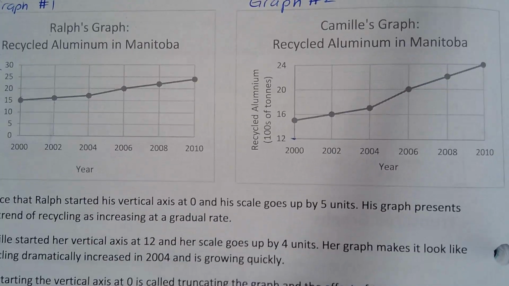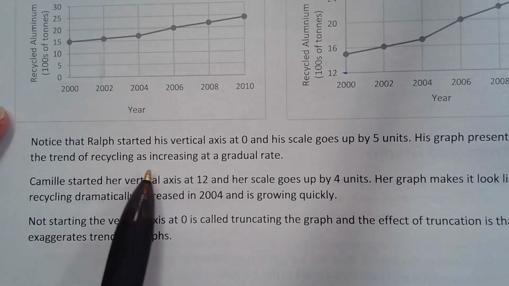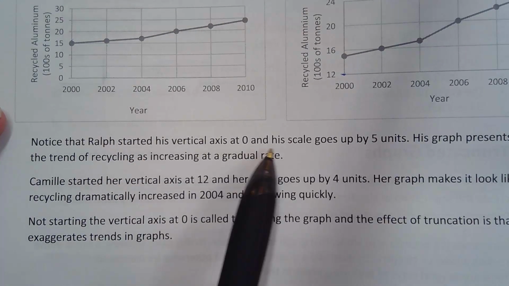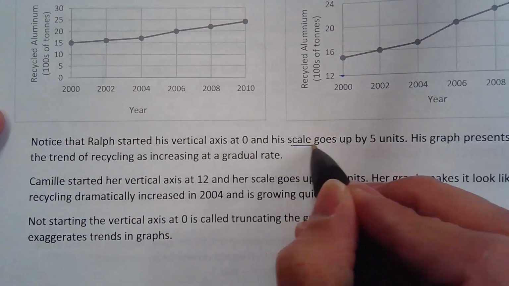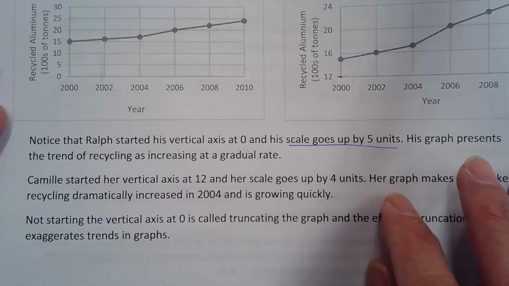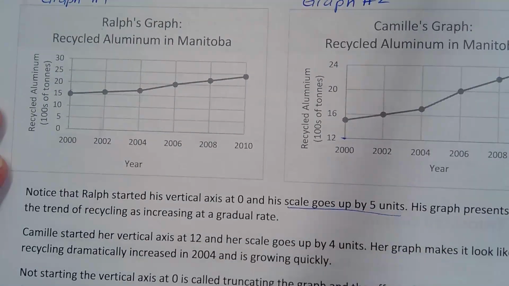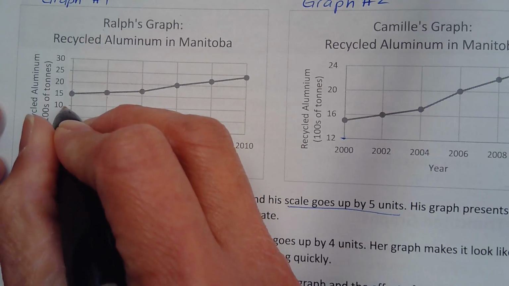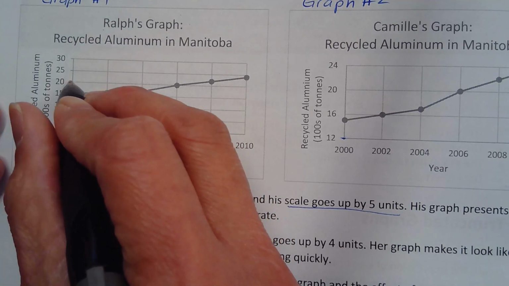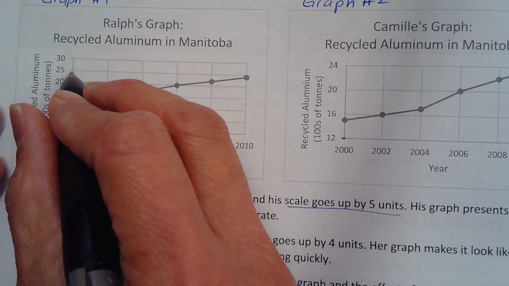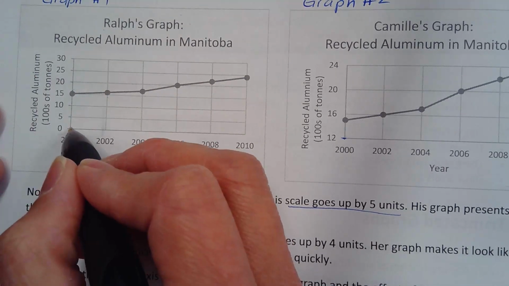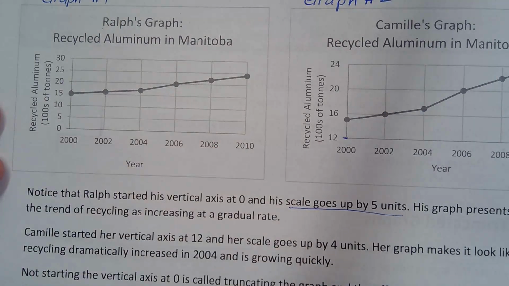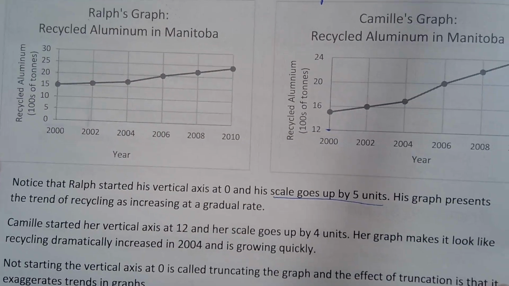Okay? So notice that Ralph started at 0 and his scale goes up by 5. What does that mean, scale? They have to have equal spacing and equal increments. So what are we going up by? We're going up by 5 each time, and it starts at 0.